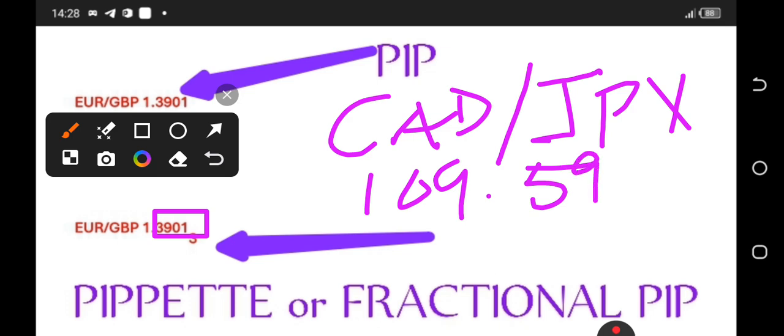Now the second digit after the decimal point, which is 9 here, is the pipet.